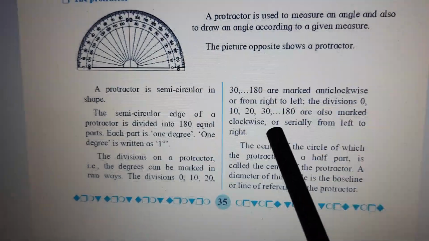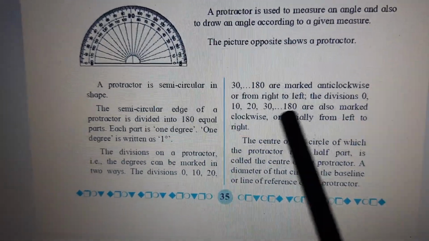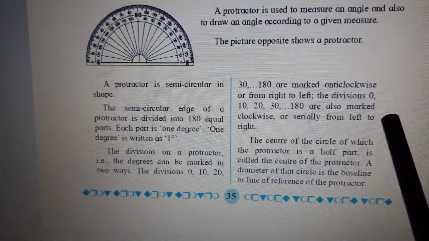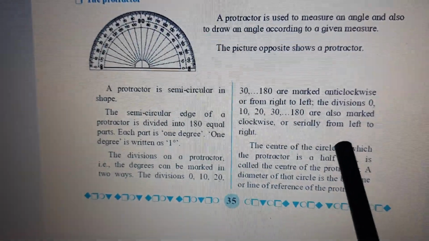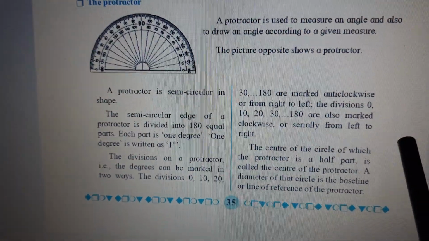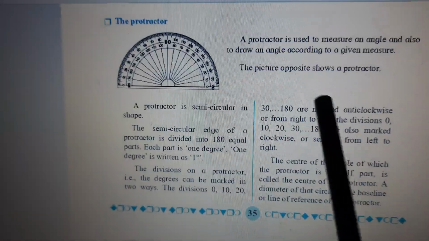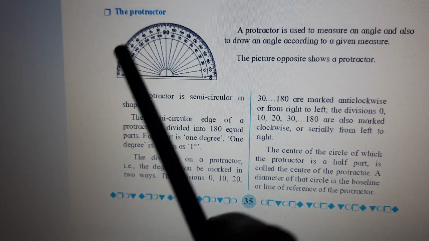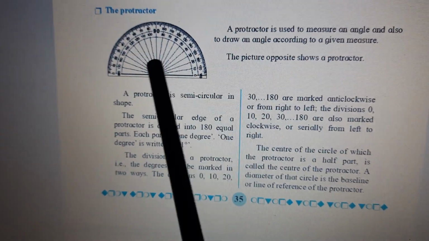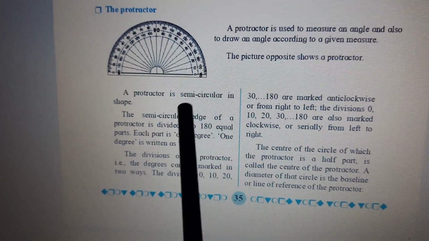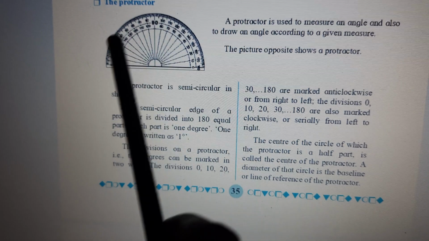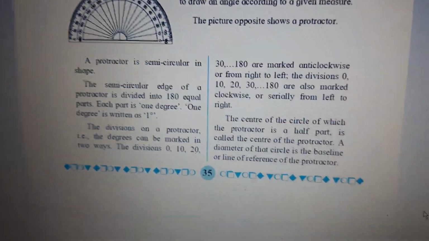The divisions 0, 10, 20, 30 up to 180 are also marked as clockwise or serially from left to right, children. So if it is from right to left, it becomes anti-clockwise, and if it is from left to right, it becomes clockwise. You know the clock, the hands are moving this pattern. So this is clockwise, and if you are moving from right to left, it becomes anti-clockwise.